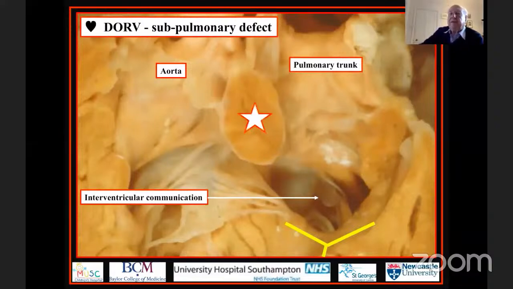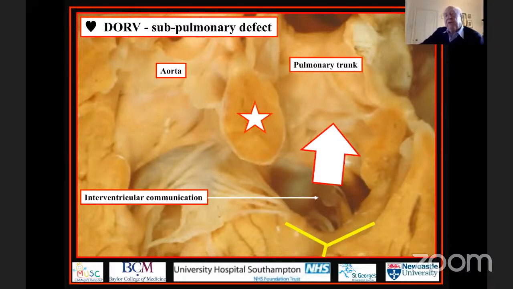But the key difference is that the muscular outlet septum is now attached to the caudal margin of the interventricular communication. And it is the attachment to the caudal margin that leaves the interventricular communication looking directly into the pulmonary trunk. And in some circumstances, the pulmonary trunk can ride that interventricular communication, as we see in the Taussig-Bing spectrum, with the other end of that spectrum being transposition.